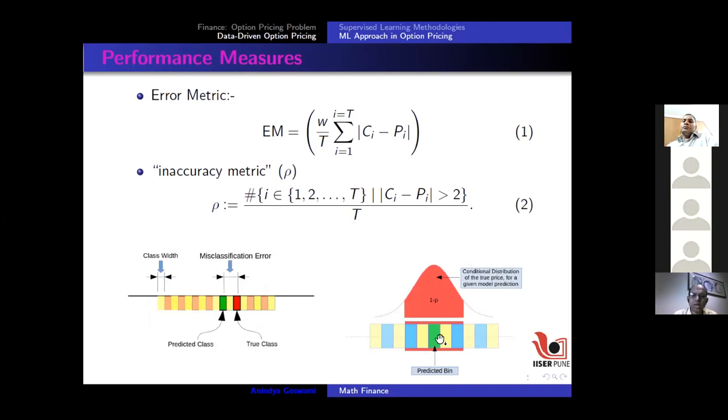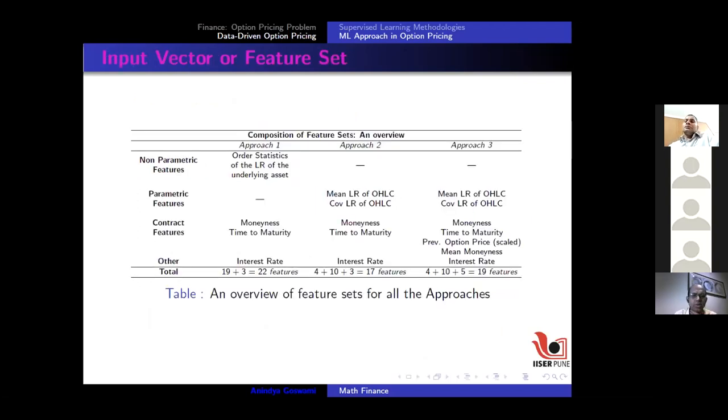We look at how often predictions are bad, away from this band. That is my rho, so 1 minus rho is the probability that it is inside the band.